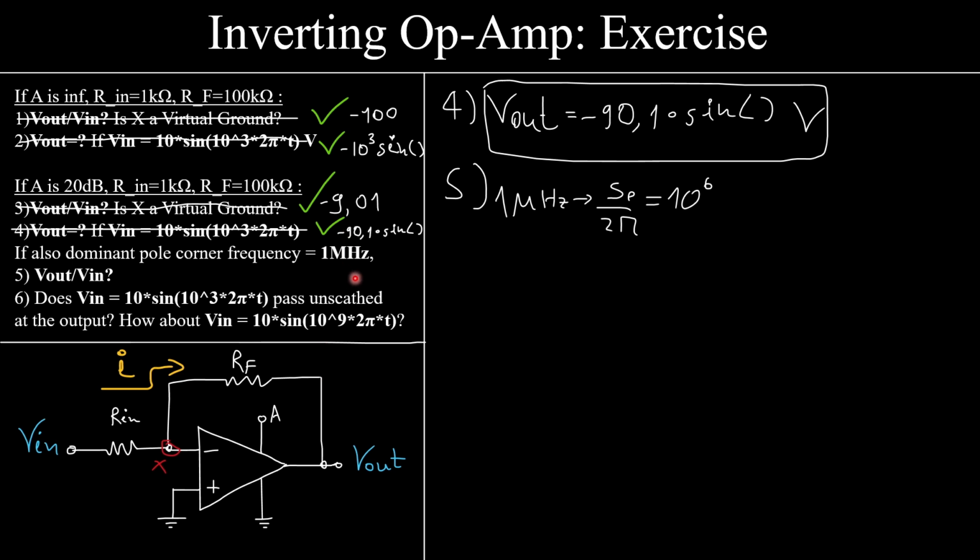This means that when we reach the 1 MHz frequency at the input, this op-amp is going to start to lose gain. It's going to have a slew rate, as you probably have seen already, but we're not going to worry about slew rate for now. It's not the point of this exercise.